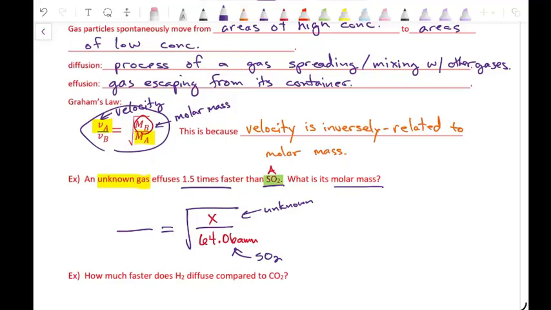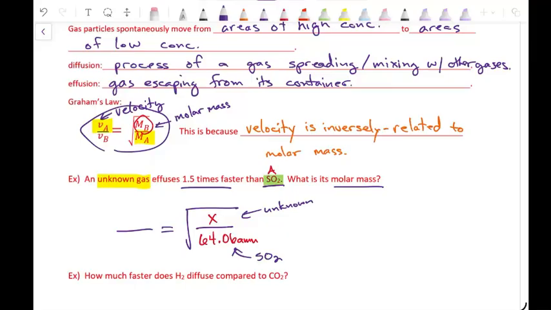Well, that means on the left, I have to put the velocity of the SO2 on top, because if SO2 is gas A, its velocity goes on top. So if I look at this, the problem says the unknown gas diffuses 1.5 times faster than SO2. So what that means is my velocity, we don't have to express this in miles per hour or meters per second. We're just going to talk about relative velocities.